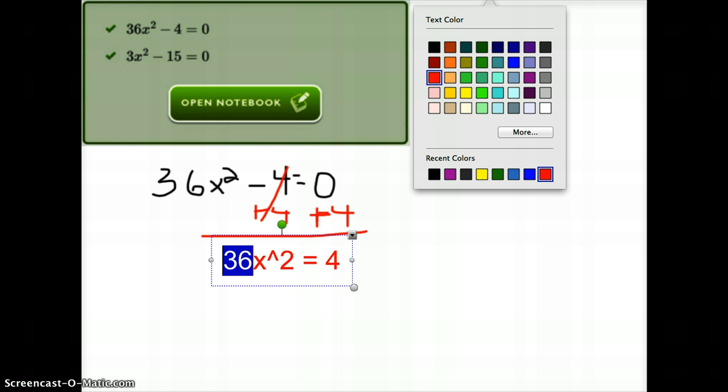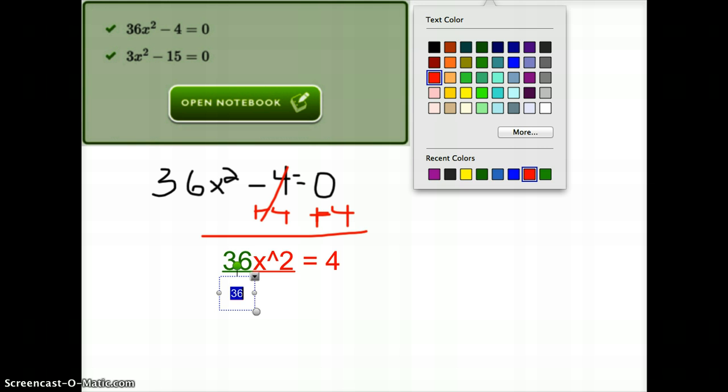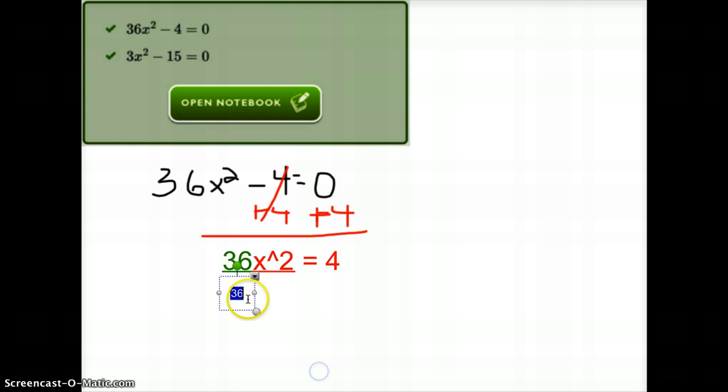This 36 here represents a coefficient. I got to get rid of that. So in order to do that, I have to divide by 36. If I divide both sides by 36, they'll cancel out. So 36 divided by 36.